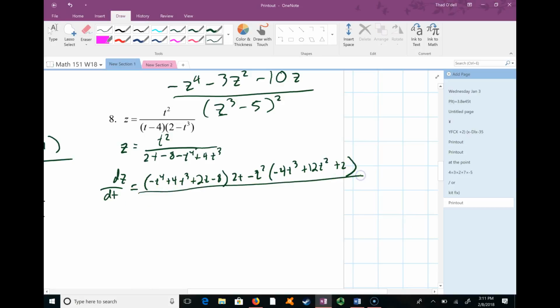All of that is over this same thing up here, negative t to the fourth plus 4t cubed plus 2t minus 8 squared.